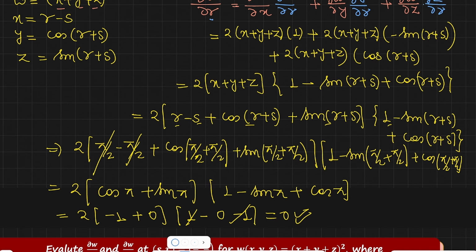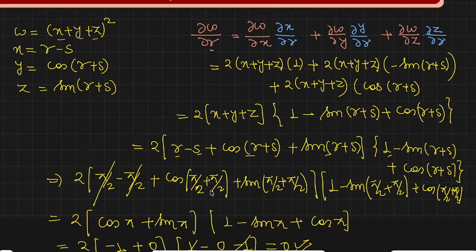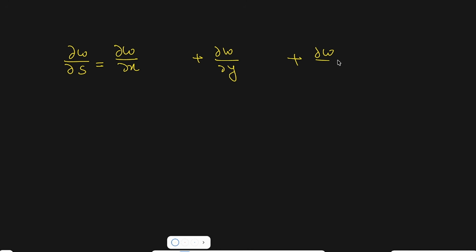Similarly, now the next point: how to find out the partial derivative with respect to s. So what is this? Partial derivative with respect to x, partial derivative with respect to y, partial derivative with respect to z.